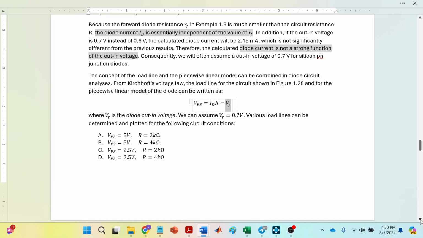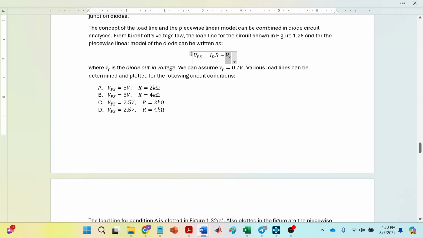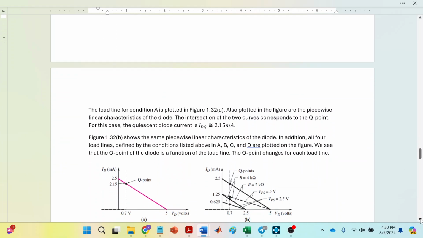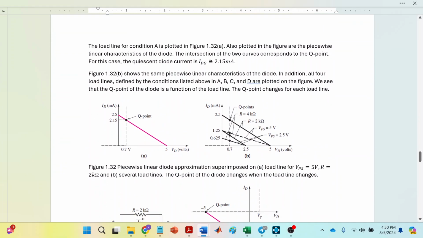You can have different load lines for different values of power supply and different values of resistor. So when we plot the different load lines, this is the first load line, and these are the different load lines, and we say that the intersection of the IV characteristic curve with the load line is called the Q point.